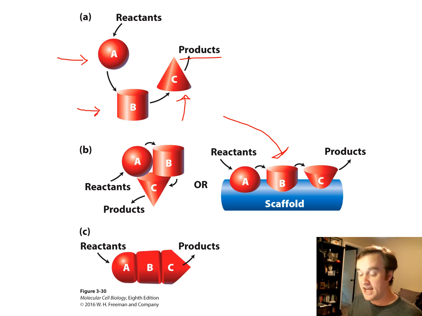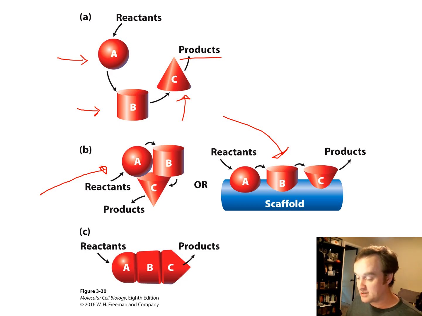And so when A processes a reactant and makes an intermediate, it goes right to B because it's right there, and then it goes right to C because it's right there, and then it ejects your end product. Or there can be these multi-unit enzymes that bind to one another, and they don't really need a scaffold protein, they just have domains on them that allow them to stay in close contact to one another.